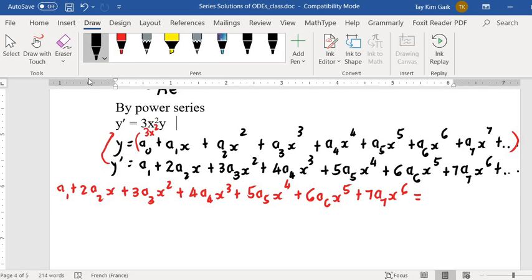Or I can factor out 3 outside, so each term I multiply by x squared. It will be easier if I put it here.